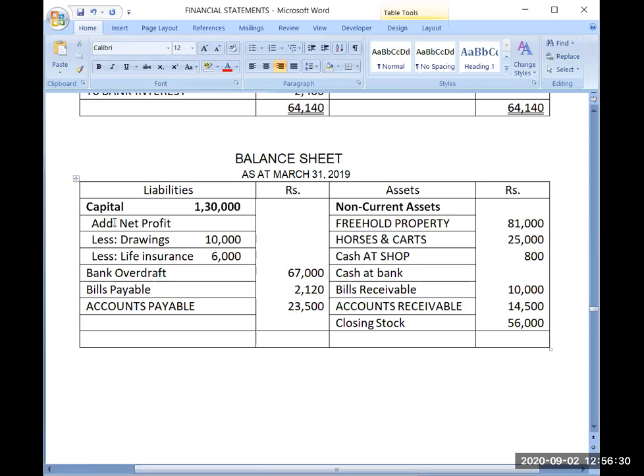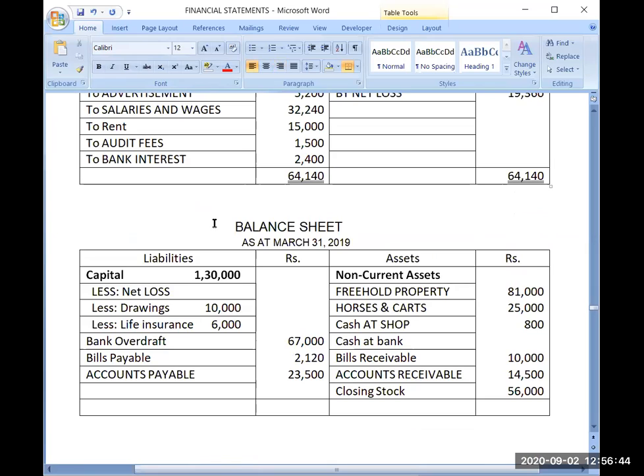And now I will subtract this net loss from here. Net profit will be added and net loss will be subtracted. And it is 19,360.